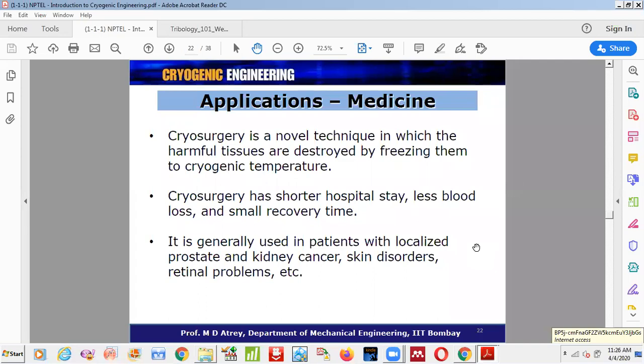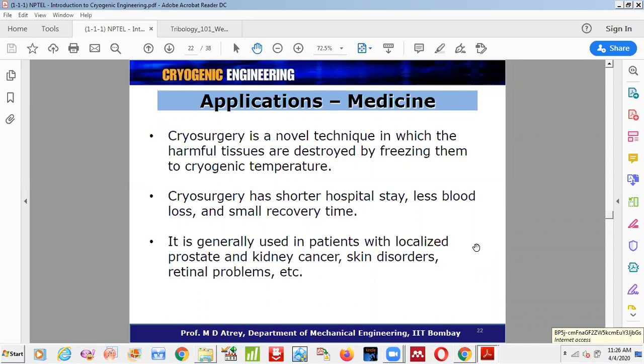Say, for example, cancers: they will affect only that part, so only those cells have to be removed. If you take a medicine, the medicine will affect the complete body. What cryogenic surgery does is influence only the cells which have been subjected to the cancer or which have been infected.